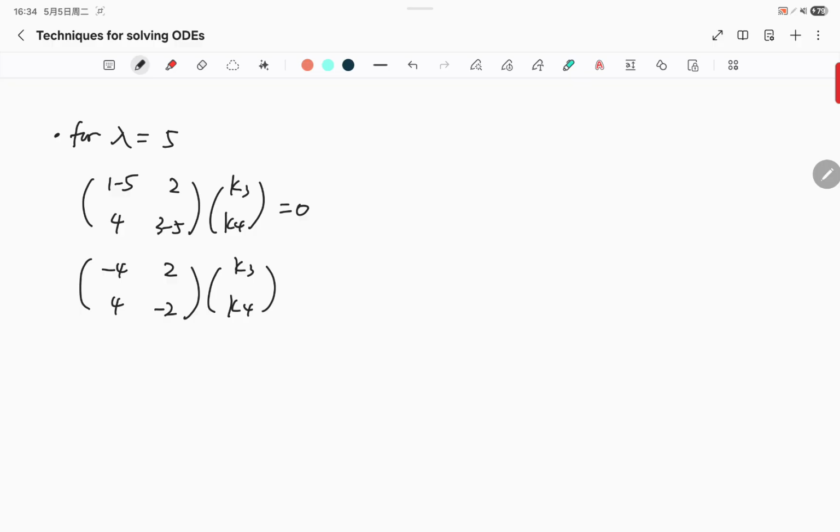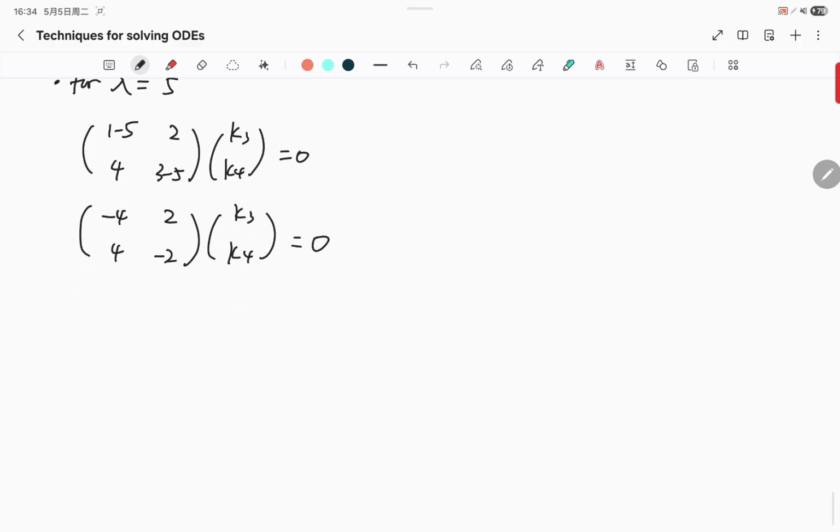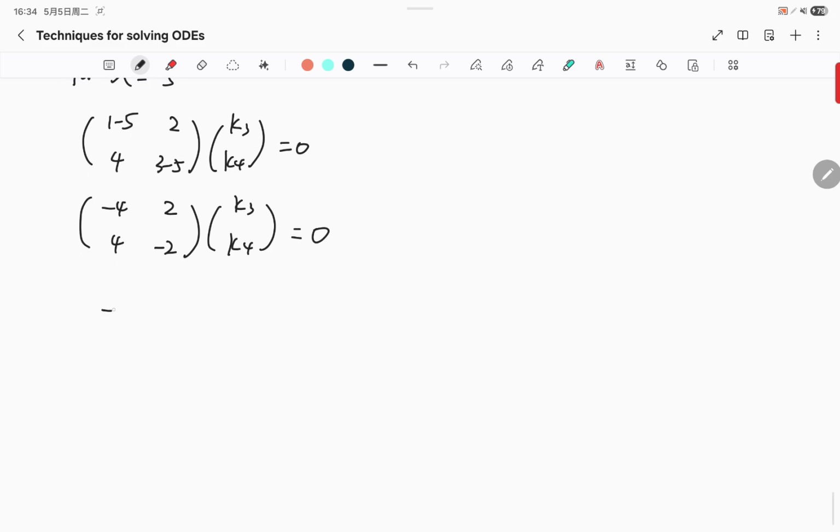k3, k4 is equal to 0. Again, we can use which row we want. We can use this first row. So minus 4 k3 plus 2k4 is equal to 0, or I can say that is equal to minus 2 k4.